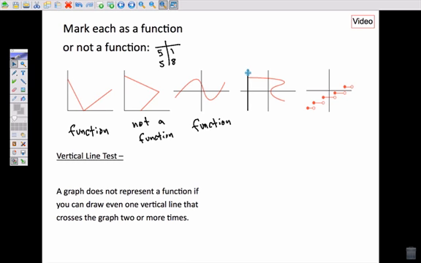On the next one, we start here and we're going along and we're fine. It's only intersecting once until we get to about here, where it maybe intersects twice. Well, now we're intersecting 3 times. So this is obviously not passing the vertical line test, because this red line is intersecting our vertical line 3 times. So this is not a function.